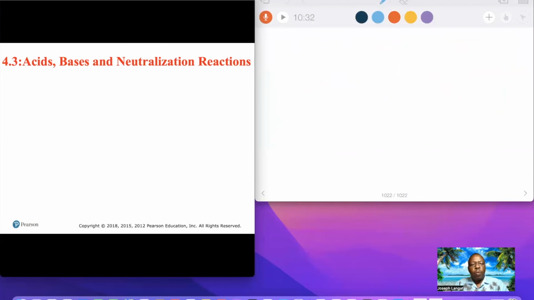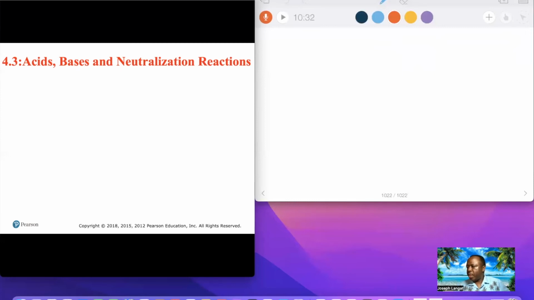Well, let's move on to 4.3, acids, bases, and neutralization reactions. First of all, we will look at the definition of an acid, definition of a base, before we look at the neutralization reaction.